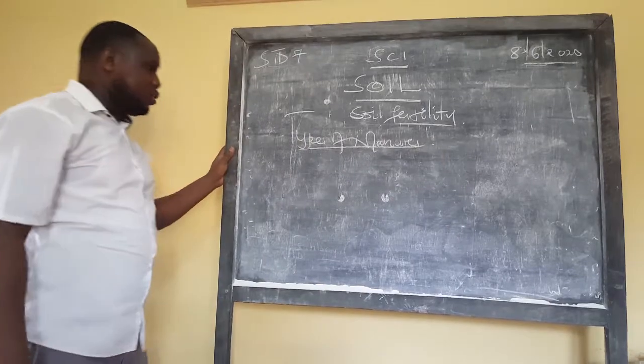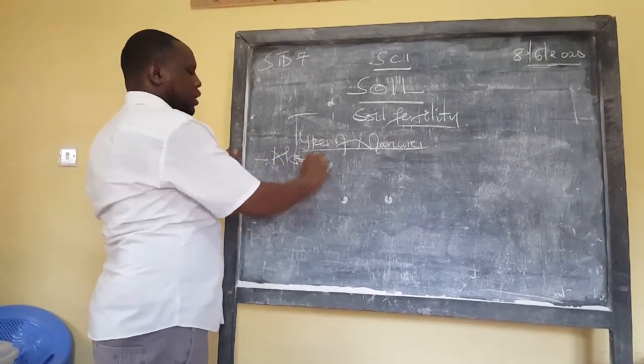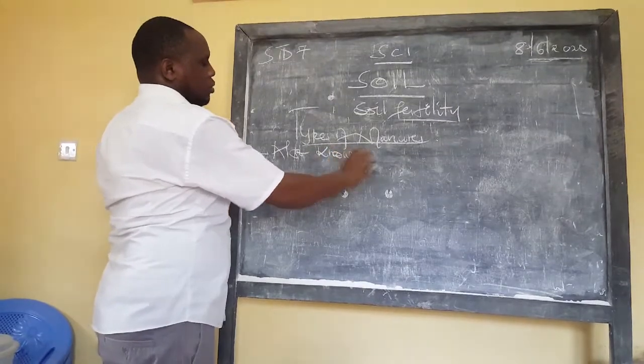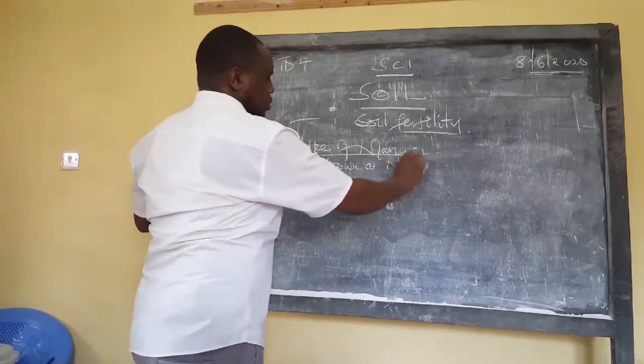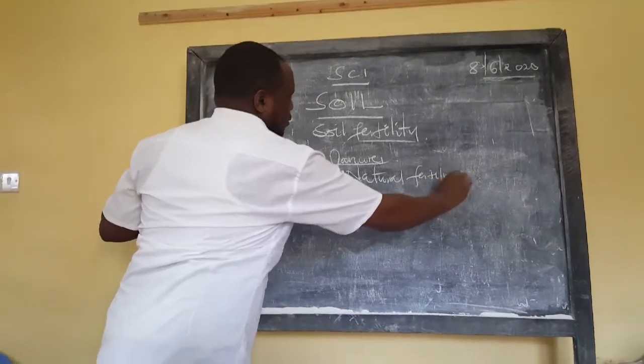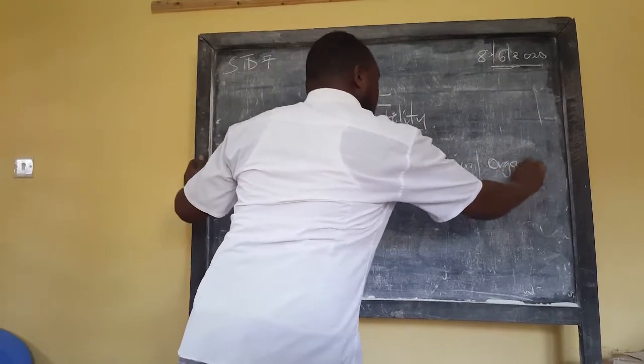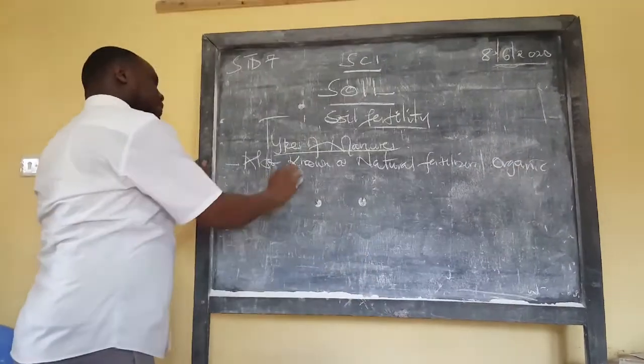Manures are also referred to as natural fertilizers, also known as natural fertilizers, or organic fertilizers.